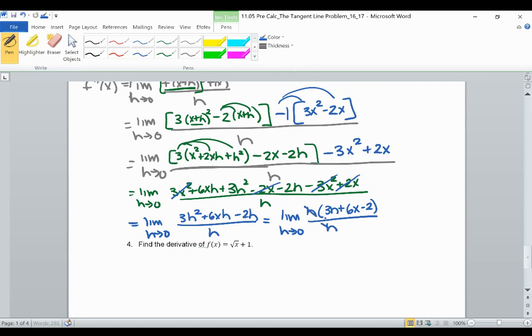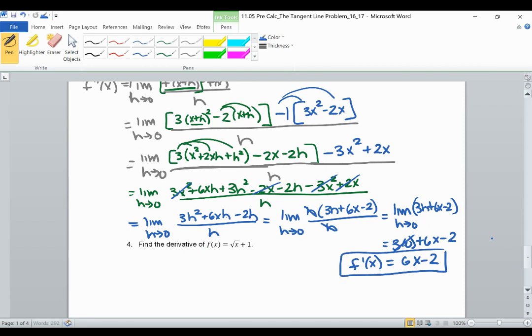Then our h's will cancel. So I have the limit as h approaches 0 of 3h plus 6x minus 2. Now I can use direct substitution. 3 times 0 plus 6x minus 2 is 0. So I get 6x minus 2 for my final answer for the derivative.